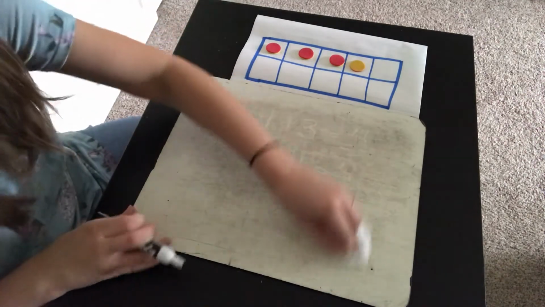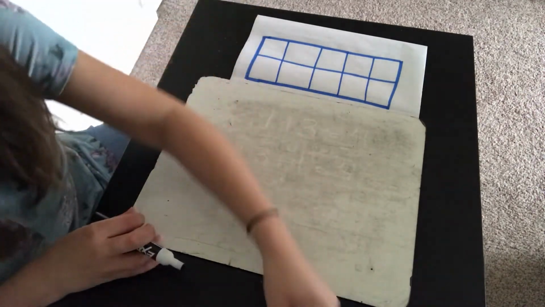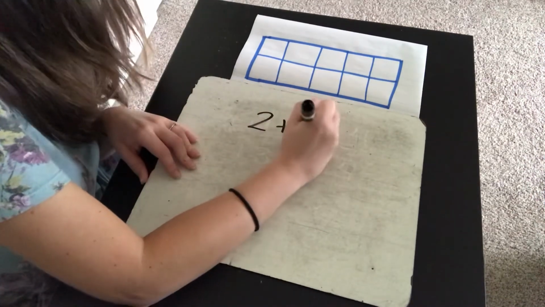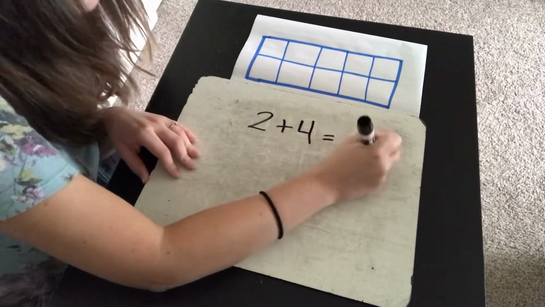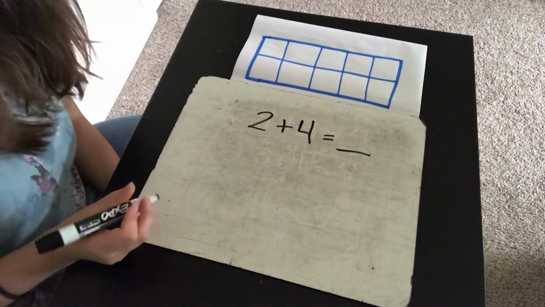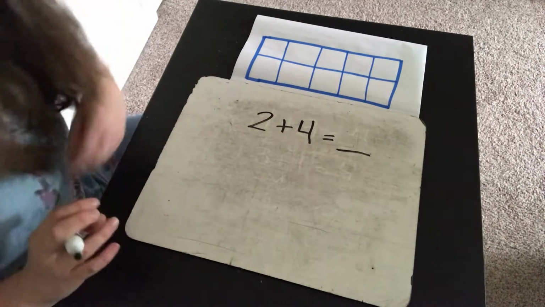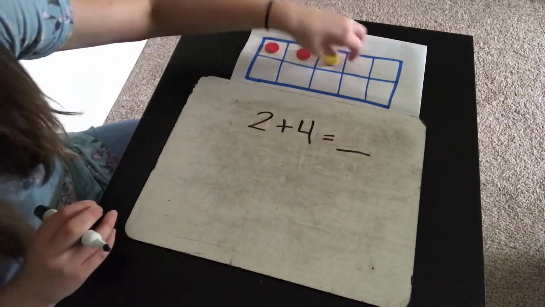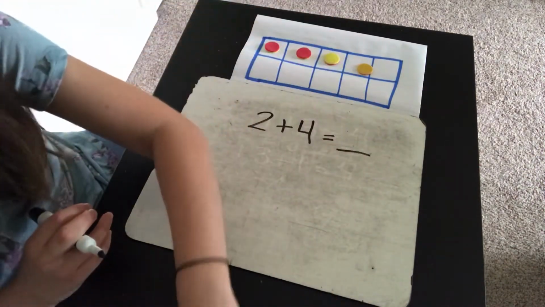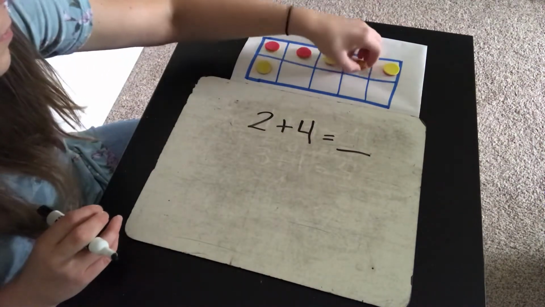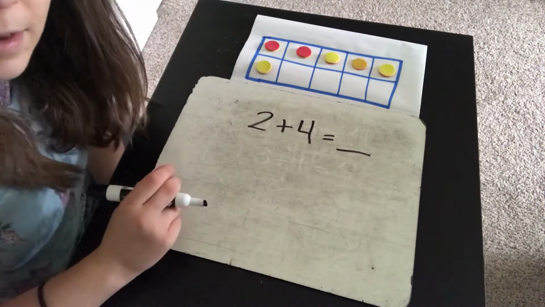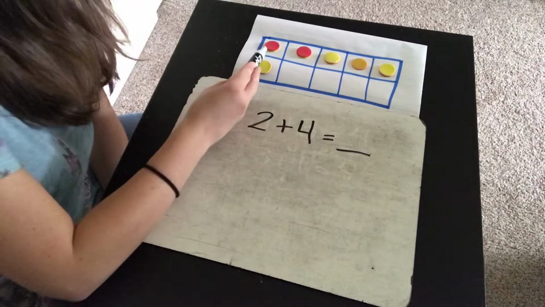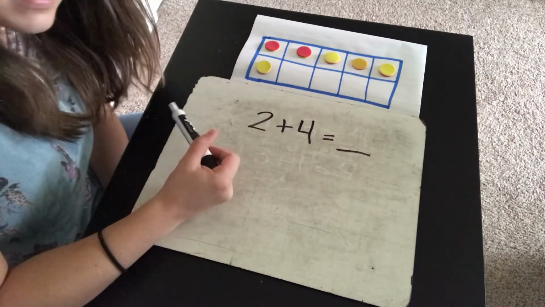Let's do a different one. What if I had this problem here? Two plus 4. Okay, well, I could do 2 plus 4, and what sum would I get here? 2 plus 4 equals 6.